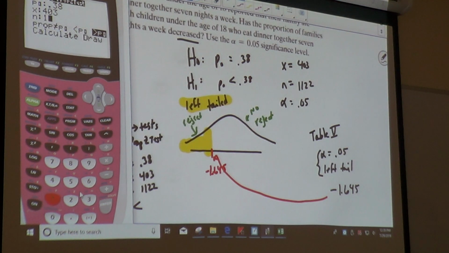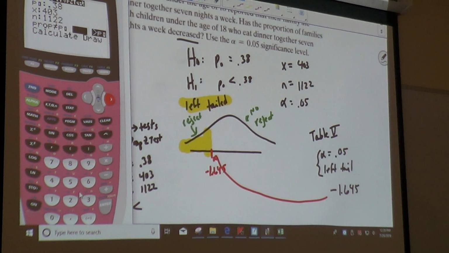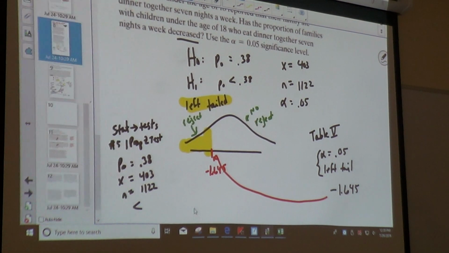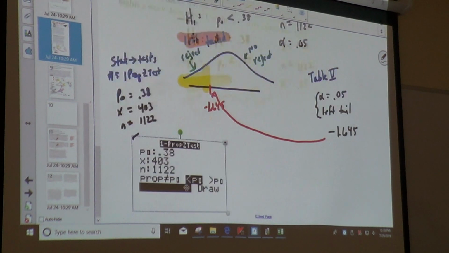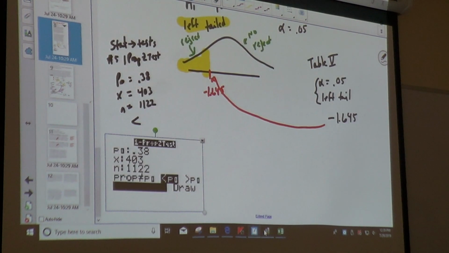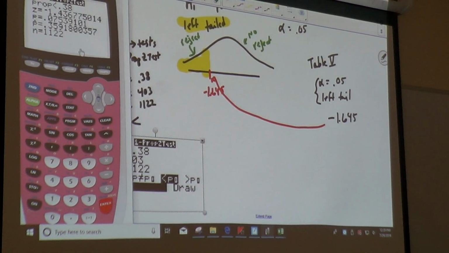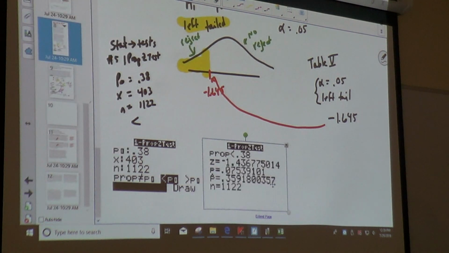And let me pull that down so you'll have it in your notes. And then when I hit calculate, this gives me two things.